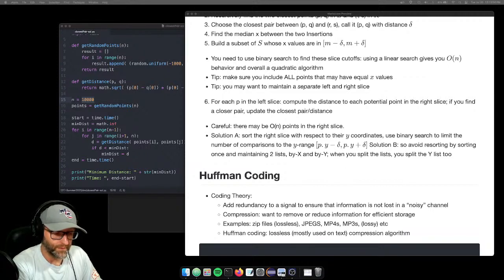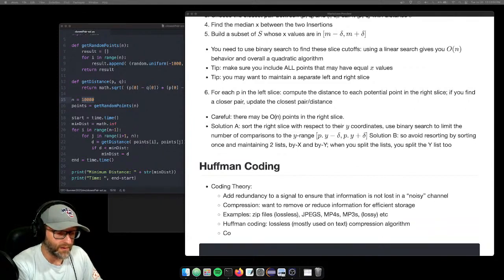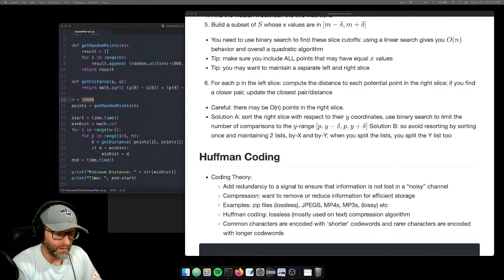Basically the idea is that common characters are encoded with shorter code words, and rarer characters are encoded with longer code words. This is what's called a variable length encoding scheme.